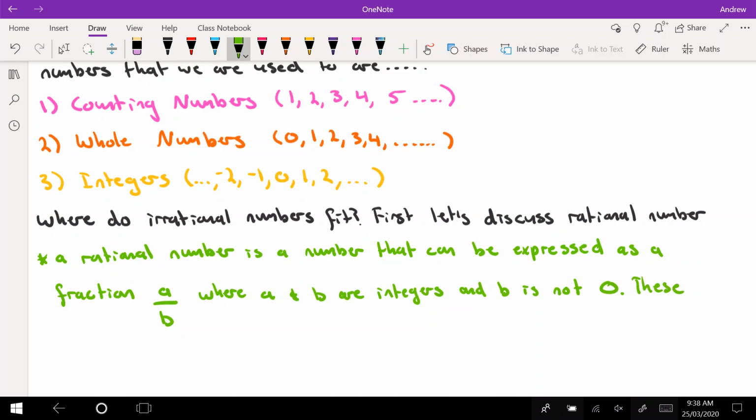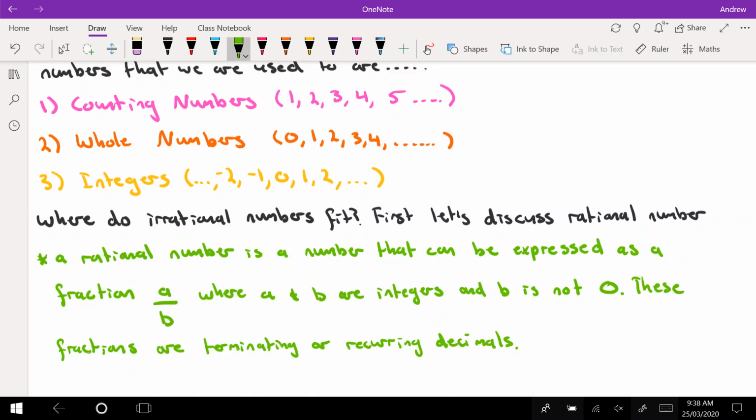These fractions are terminating or recurring decimals. So we have rational numbers, right?